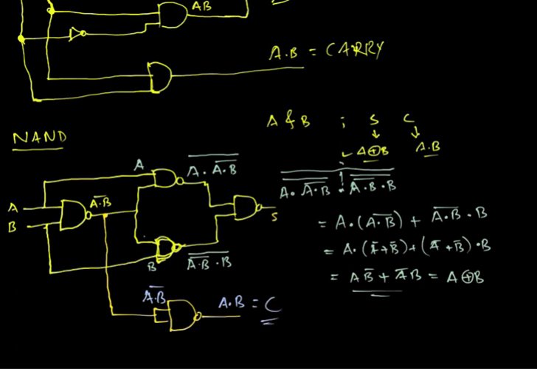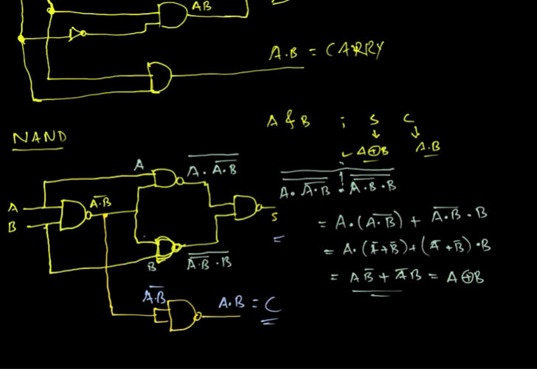So sum and carry are obtained. So this is the realization of a half adder using NAND gates alone. This circuit we are going to do for our practicals. So that's all about a half adder.